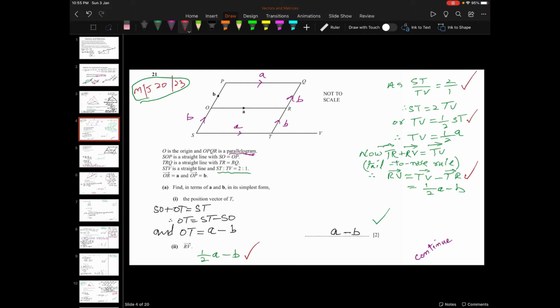We have RV is equal to half A minus B. Now we are going to find the value of RV, which is half A minus B.